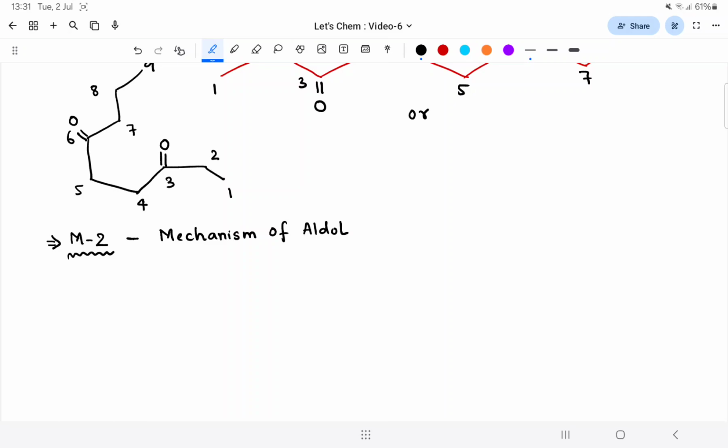Okay, so first we will see a basic mechanism of Aldol and retro-Aldol. I will show you both the mechanisms, and then we'll talk about the other parts, that intramolecular aldol and all will be carried on after this topic. So let us talk about the mechanism of aldol. If we are talking about the mechanism of aldol, guys, it looks something like this.